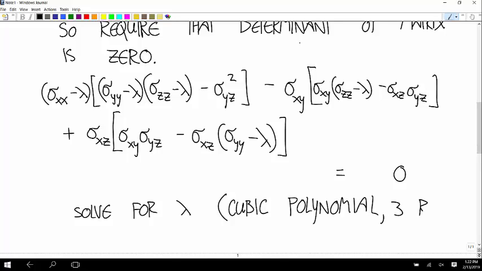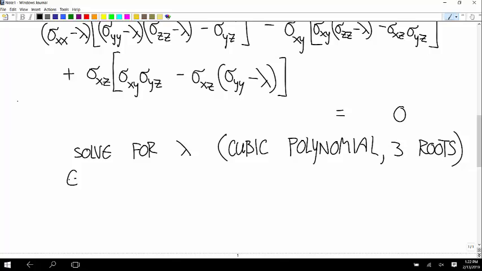And so there are 3 roots, and each root of this polynomial is 1 principal stress.